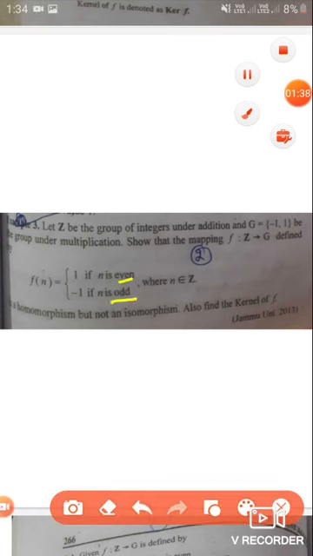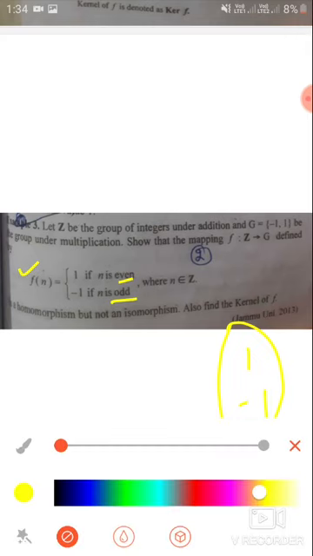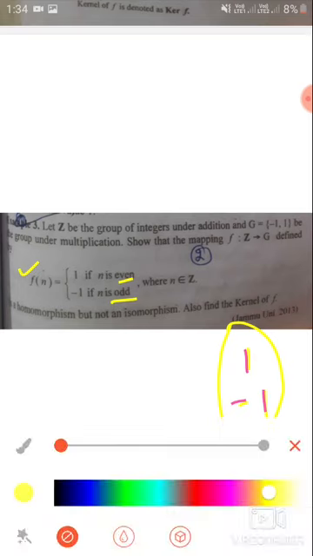So if you take an even number, the function f will associate it to 1, and if you take an element that is odd, this function will associate it to -1.